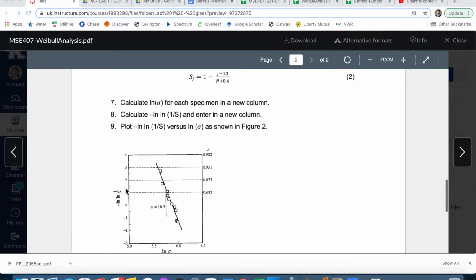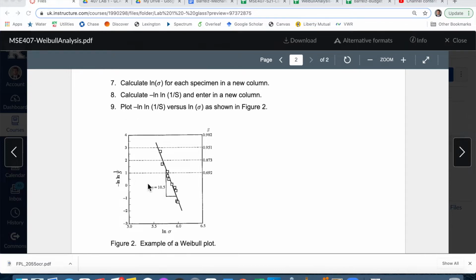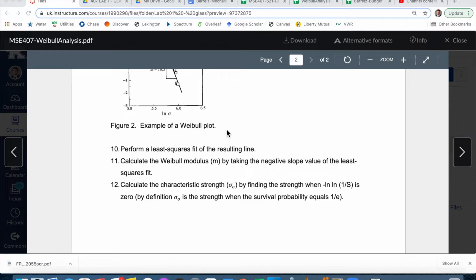They're the X and Y from a typical Weibull plot, which allows us to plot those 2, do a linear regression, and find the Weibull modulus and the characteristic strength from the slope and the y-intercept of this graph. So basically that's what this is going to have you do: plot it, do a least squares fit, a linear regression, calculate the modulus, and calculate the strength as well.